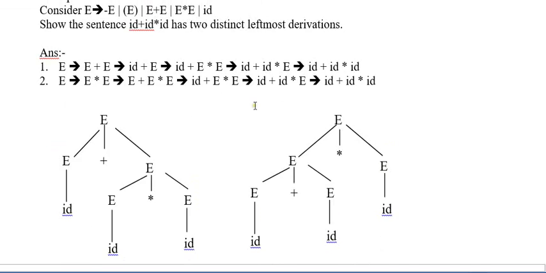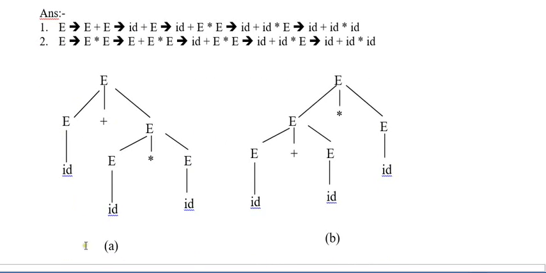Now this is the parse tree. Here in this diagram, we have replaced the E on the right side first, so this production is known as the right derivation. And in this diagram we have firstly removed this E which is on the left side, so it is known as the left production.